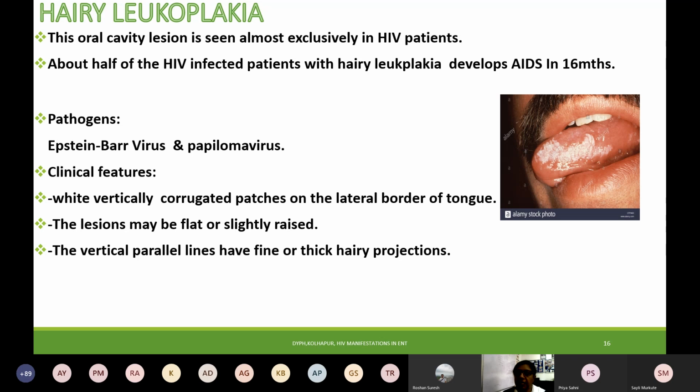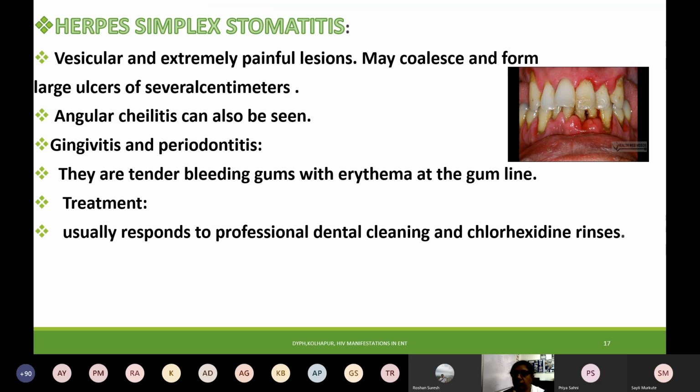The clinical features are vertically corrugated patches on the lateral border of the tongue. The lesions may be flat or slightly raised. The vertical parallel lines have fine or thick hairy projections. You will get a typical picture, and if you get hairy leukoplakia, you should think of HIV also.